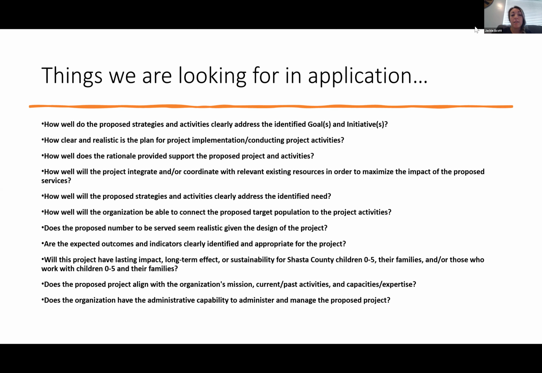And so again, we're looking at how well the project integrates and coordinates with existing resources to maximize the impact of the proposed services. We're looking at how your proposal clearly addresses the need, like what's the need in the community.